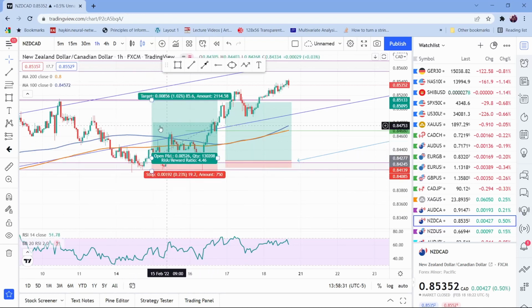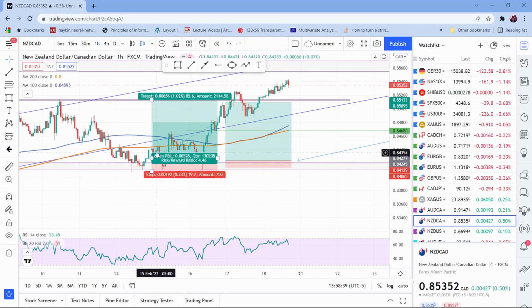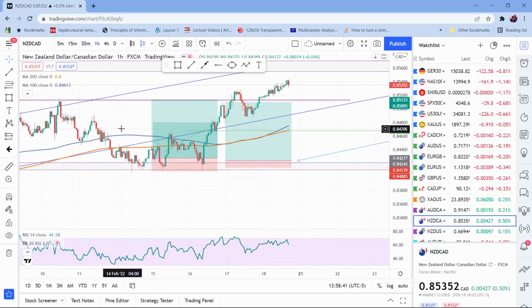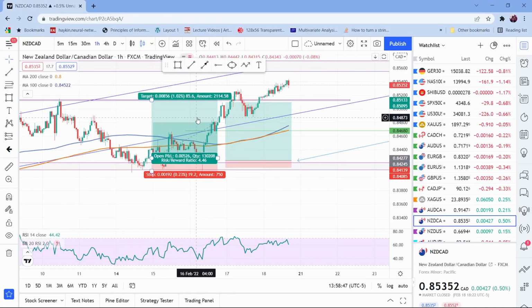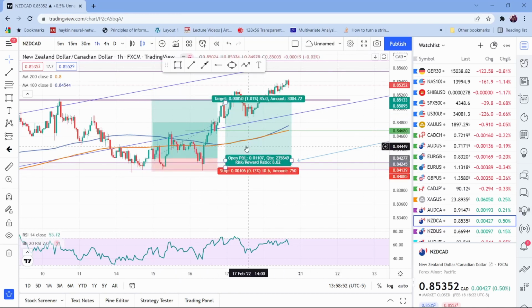So at that point, this was a possible entry that we could have taken, which was right around here when we took it, right? This just solidified the idea that this is an area we possibly see price pushing upwards from, right? So this was a 4.4% win, somewhere around that area, right?